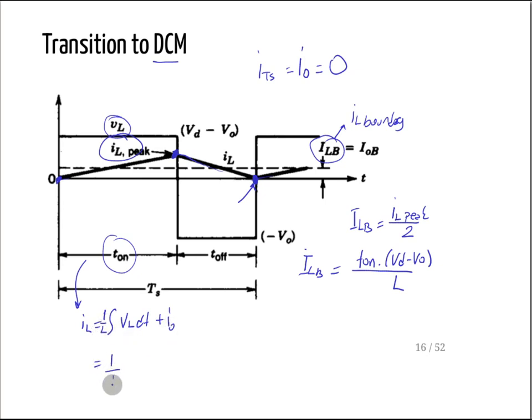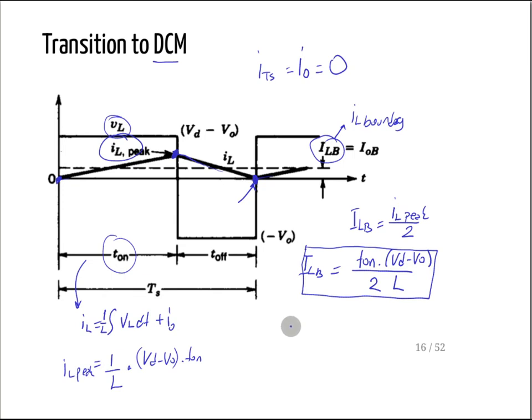So it is I0 plus 1 over L times the integral, which is VD minus VO, during T on, so this is equal to IL peak. So I can write that term directly here, and the average will be half of that. So that is my boundary current.